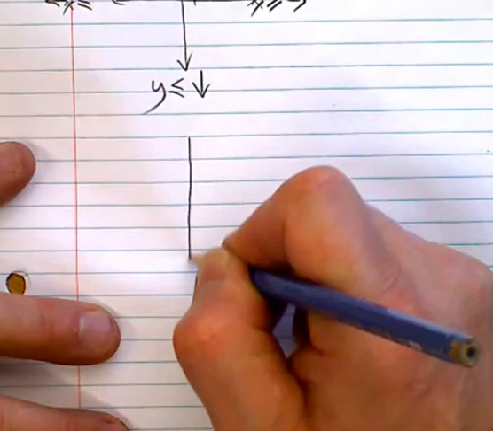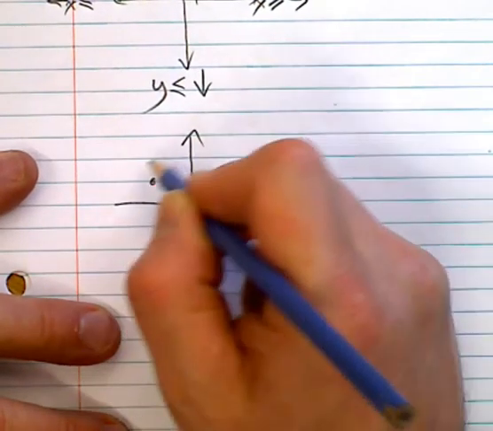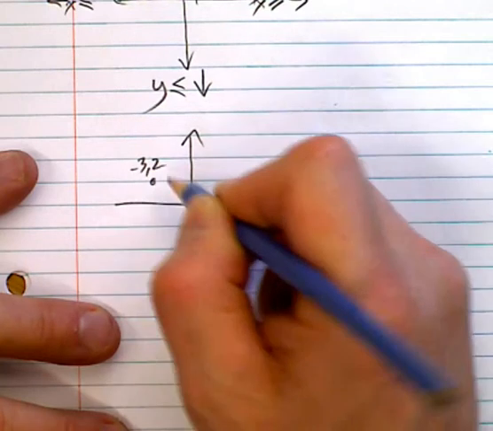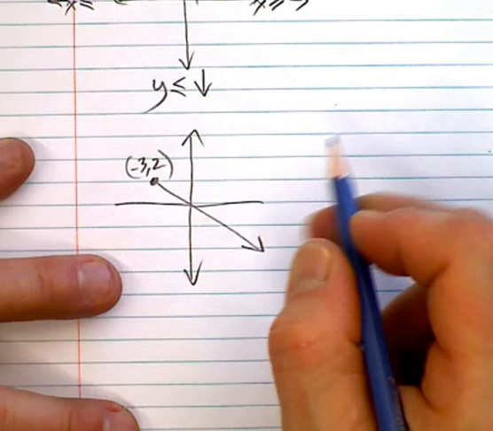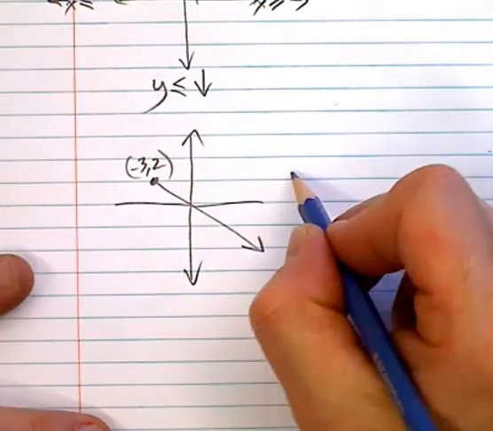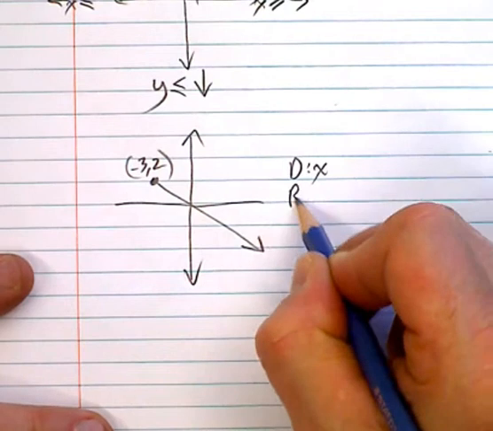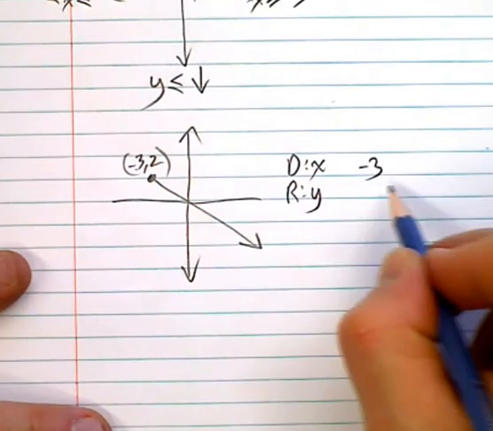Let's try again here. So if I gave you a point right here, let's go -3 and 2. And then my line's going down like this. Okay, so let's say it's -3 and 2. So the domain is your x, and the range is your y. So the x value is -3, and the y value is 2.